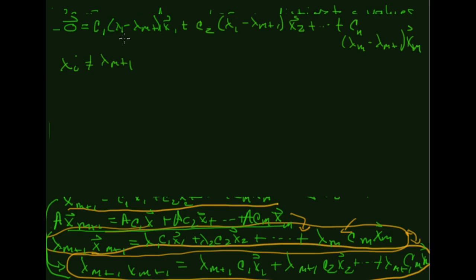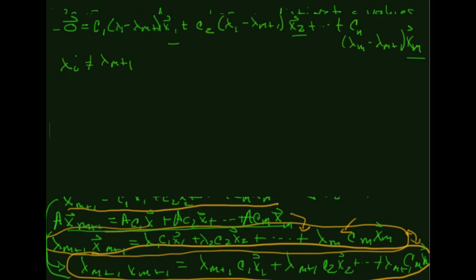Because these things, x1, x2, xm, are linearly independent, there has to be one of these where this combination is not equal. Actually, I take this back.